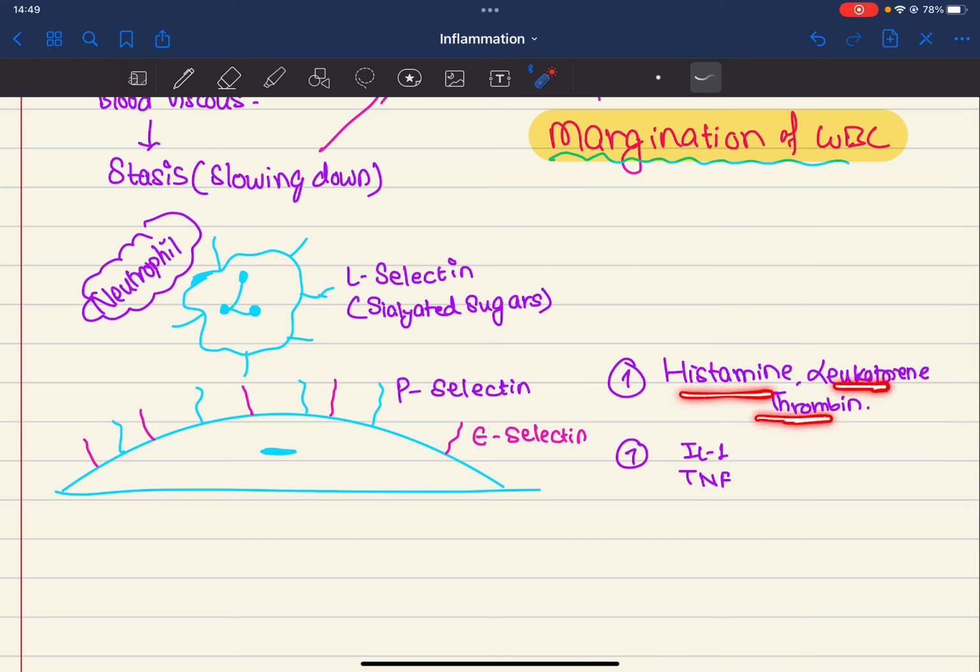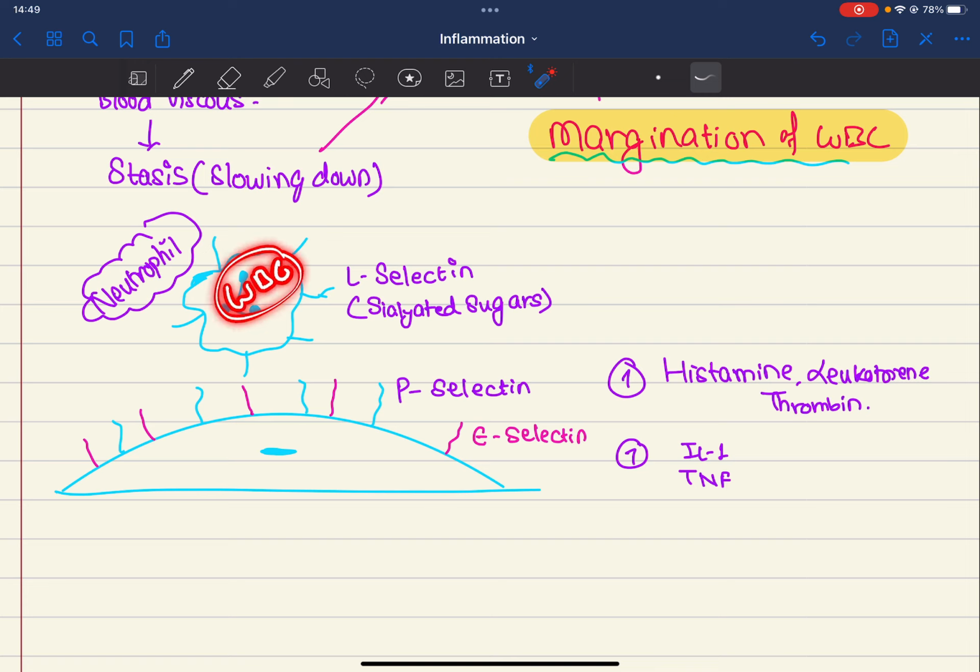Histamine, leukotriene, and thromboxane develop P-selectins, and after some time, interleukin-1 and tumor necrosis factor develop E-selectin. But whether E or P-selectins, they do not form any strong interaction with the WBCs.